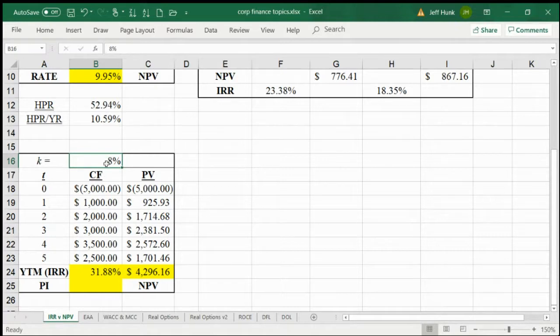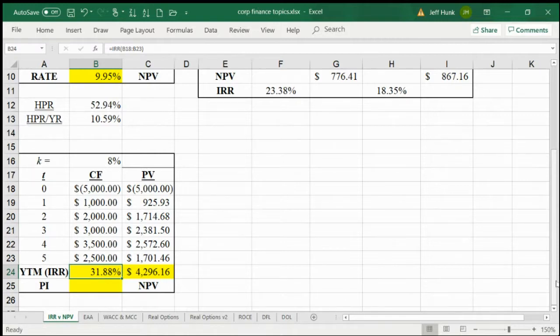And your cost of capital is only 8%, but your internal rate of return is almost 4 times that, right? 4 times the cost of capital. That means the project you're investing in is giving you 4 times the average return of the average projects of the same risk class.